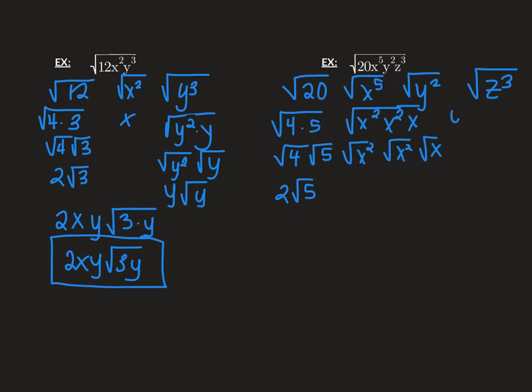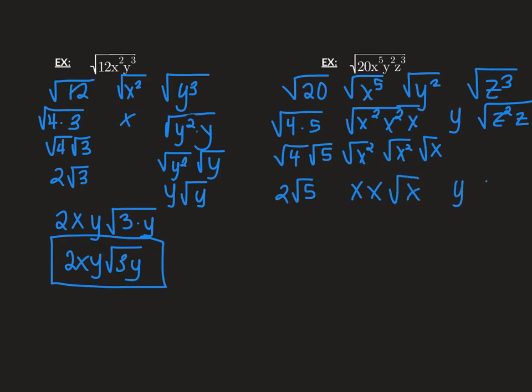Square root of y squared, that's nice, that's just y. And z cubed, we've done it. Z squared and z multiply to give me z cubed. So then with the x's, I can pull out an x twice and a root x stays in. I have a y.